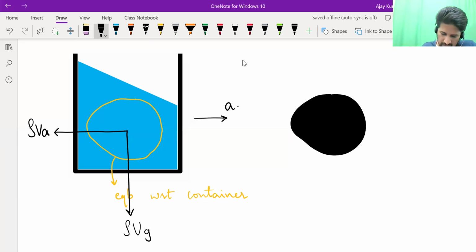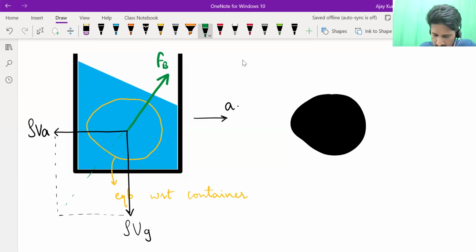So we can conclude that buoyant force in this case should be balancing these two forces. Therefore, buoyant force acts in this direction. Basically, pressure gradient will be perpendicular to the free surface. You know that. So the forces acting on the free surface of the liquid will be like this.